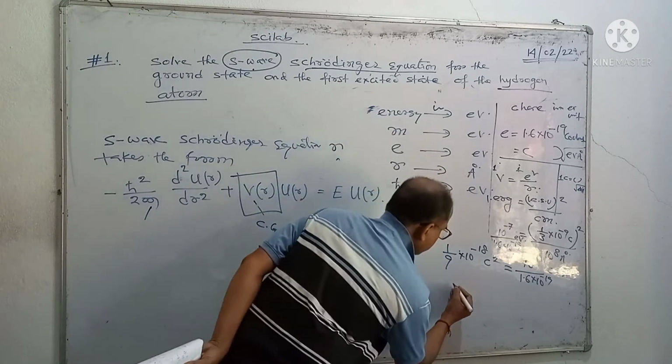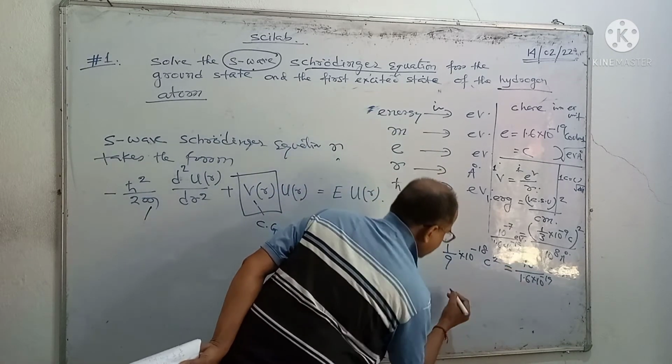Therefore 1 coulomb is equal to a coulomb square. Now take it on this side.